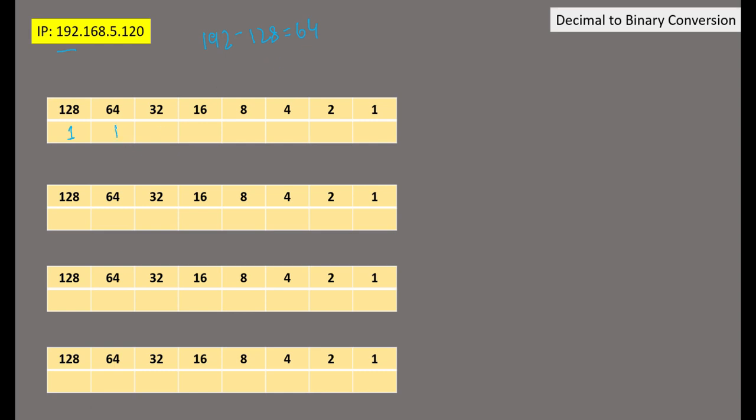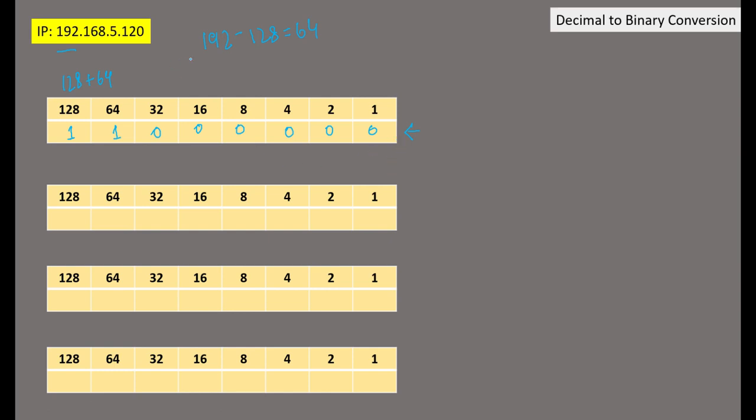I will turn this bit on also, and I got 192 now, because 128 plus 64 is 192. So the remaining bits, I will just turn them off. So this is 0, this is 0, 0, 0, 0, and 0. So I've turned all the bits off, and now the binary representation of 192 is this one.